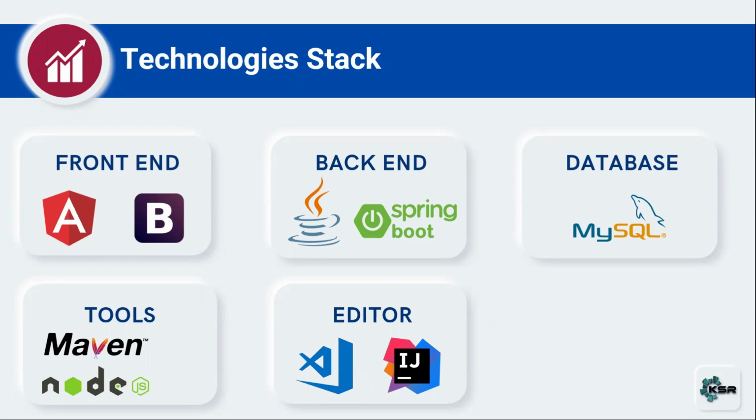In the database, we'll see MySQL, and tools we'll use are Maven, Node.js, Postman, all those different technologies. In the editor, we'll see IntelliJ for building the backend, Spring Boot and Java, and Visual Studio for the front end, and maybe we can see Eclipse also. So this is the technology stack we'll cover in this full stack developer curriculum.